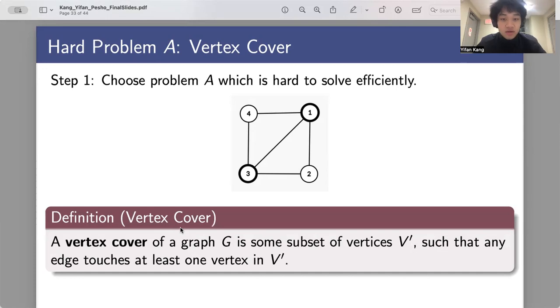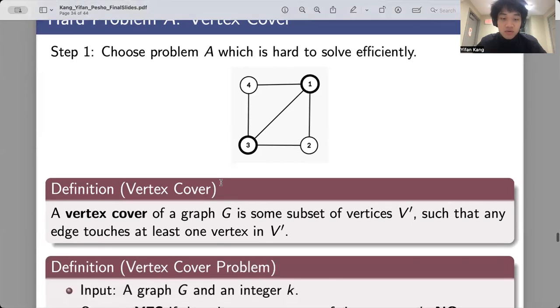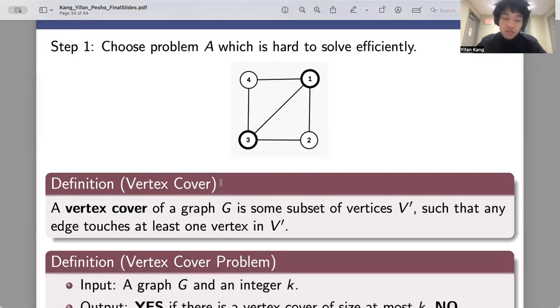So for example, in the graph we have here, 1 and 3 form a vertex cover since they cover all the edges 1-4, 1-3, 1-2, 3-4, and 3-2. However, it can be proven that for the graph above, it is impossible to have a vertex cover of size 1. So it's impossible to cover the whole graph using only one vertex.